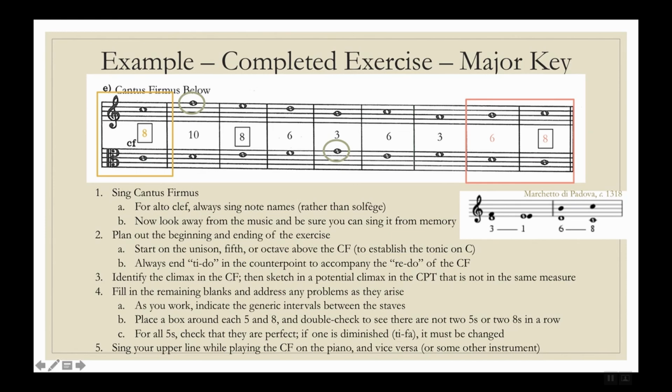So maybe I'll do it one more time, a little faster, where I'm just playing the Cantus Firmus below, because I will want it to sound below. Otherwise, some of these things won't be the right interval. The 6th will actually be a third. The octave will be a unison, etc.